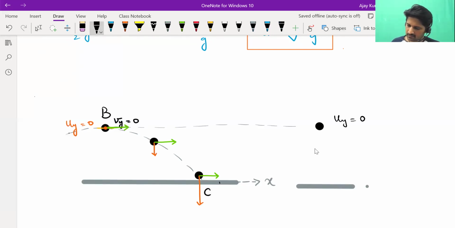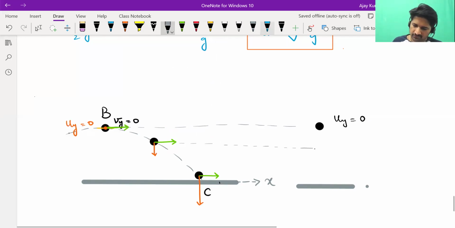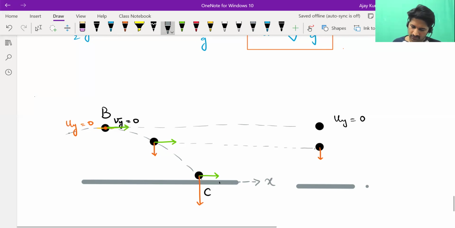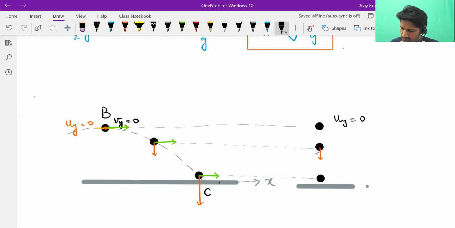Then at this level, the object has some velocity in the y direction downward, and at the bottommost level, when it is just about to hit the ground, the object has more velocity in the y direction, like this. And what height did it descend?